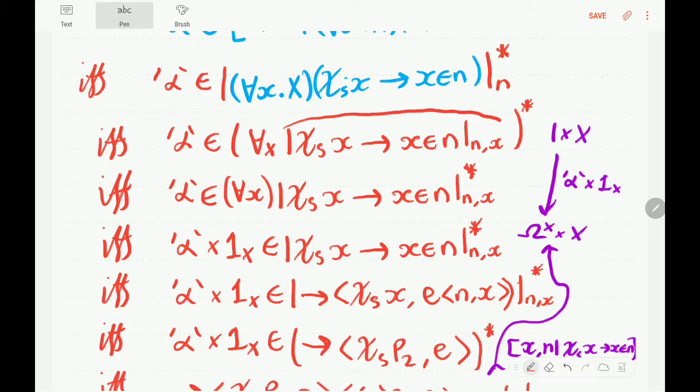So this is going to be a subobject of omega to the power of X times X now.